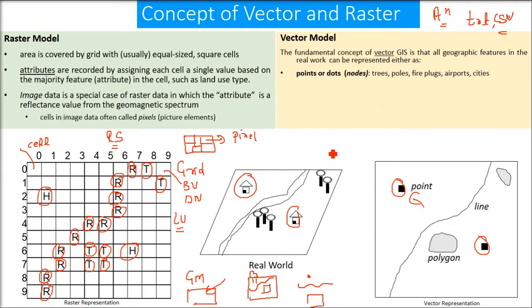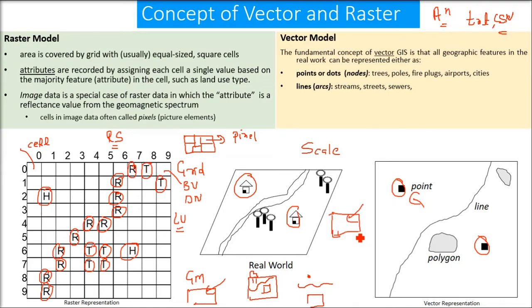It can be points or dots or nodes. These can represent, say, trees, poles, fire plugs, airports, cities, because it totally depends on the scale of the map. The same feature can be represented by a point, but it can be represented by a polygon in a different scale map.